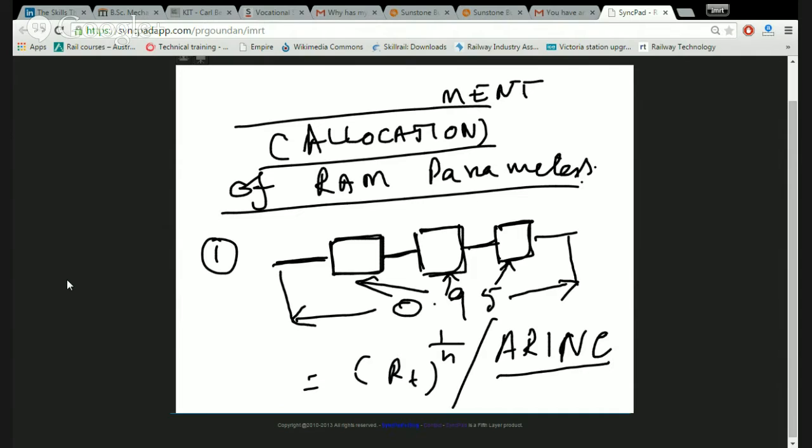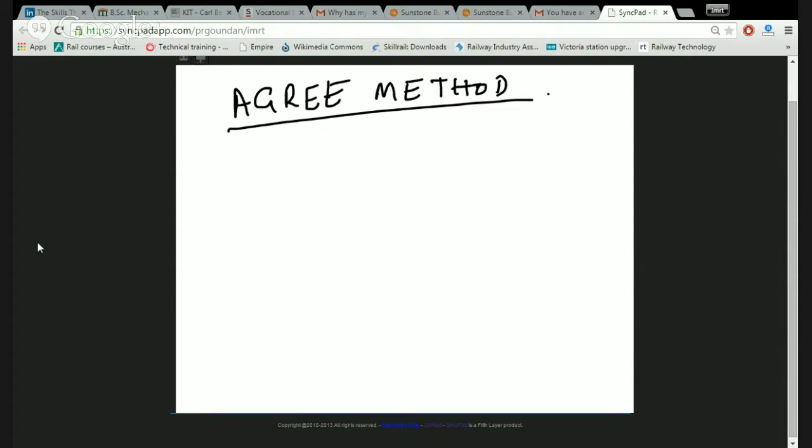And today what we are going to see is the next method, the AGREE method. So what are the assumptions here?